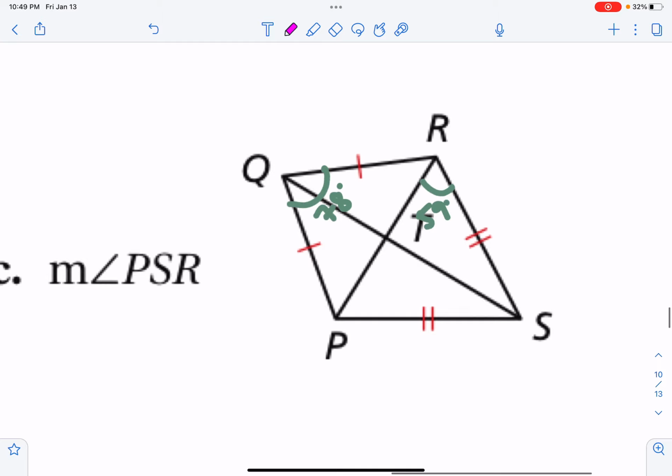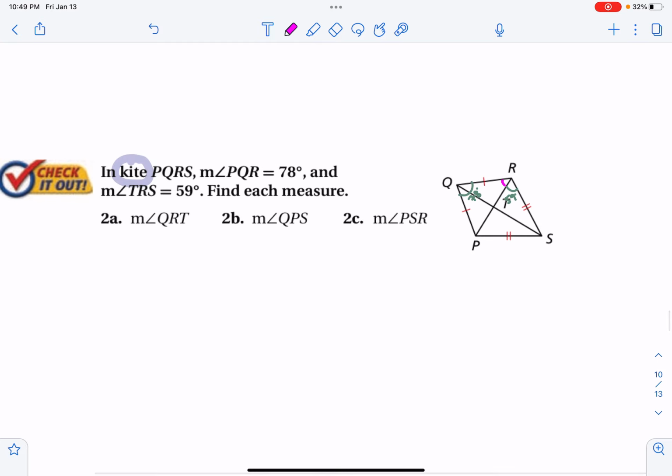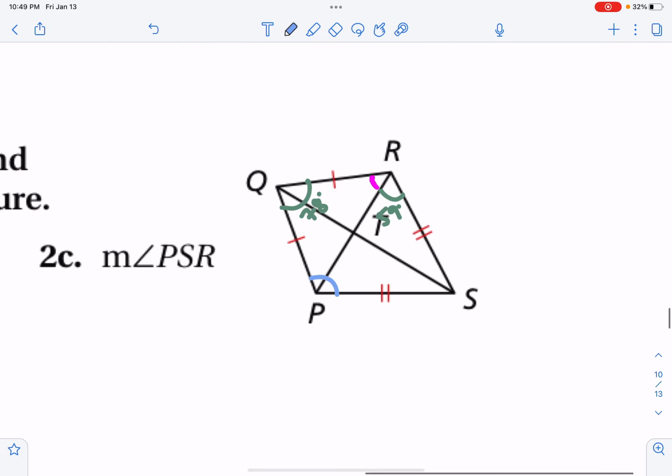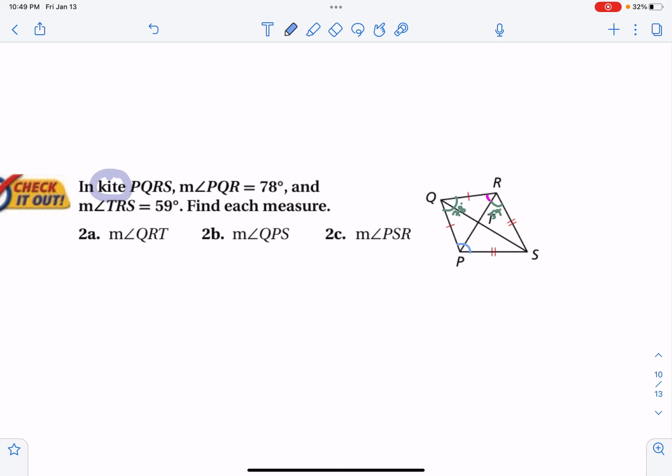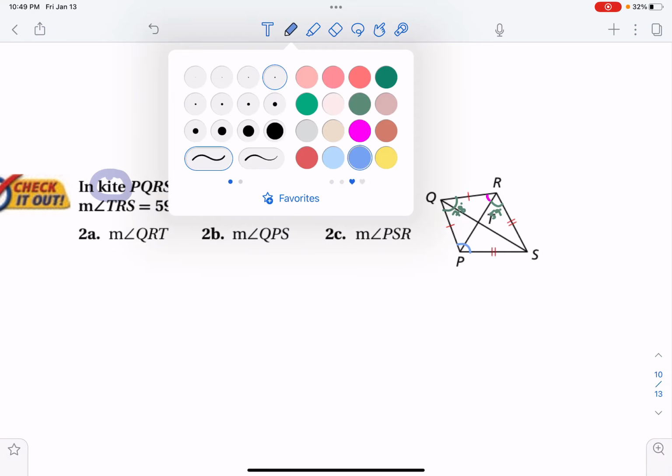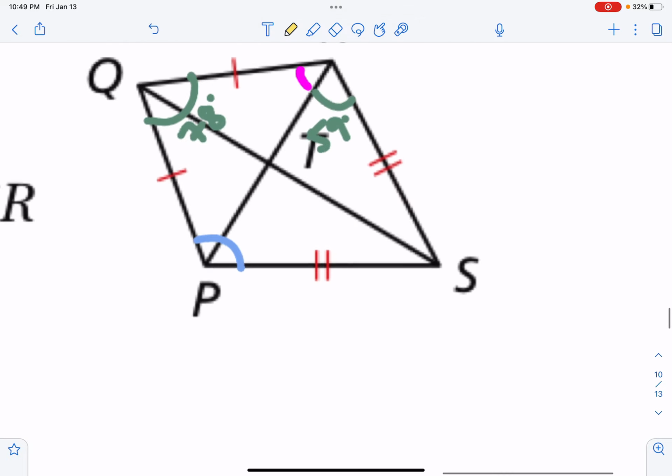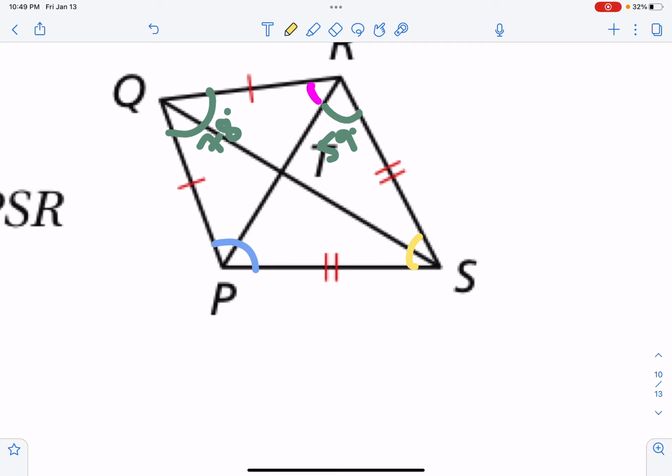QRT is this angle, and they also want to know QPS, this whole angle, and PSR, is this one. So we know in a kite that they meet in the middle at 90 degrees.